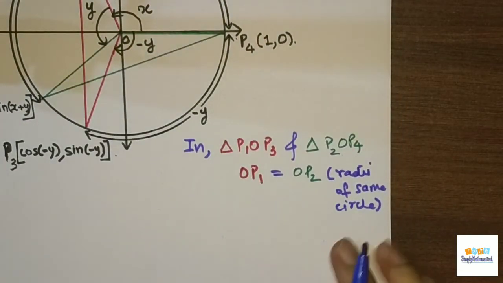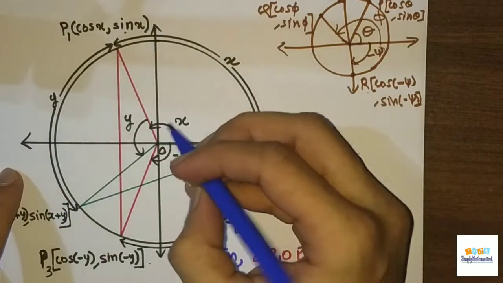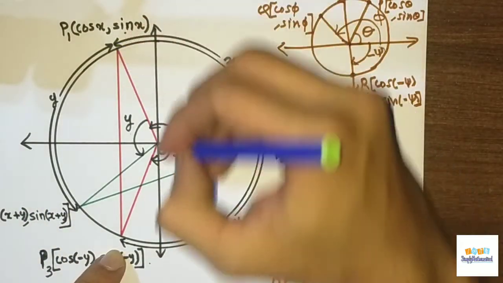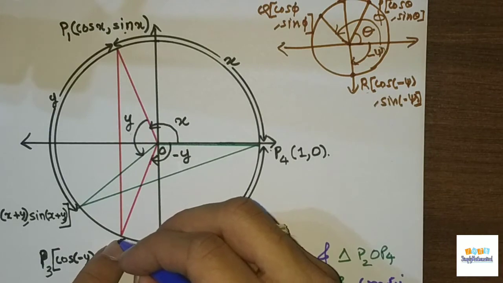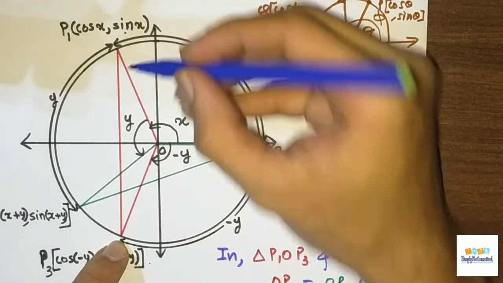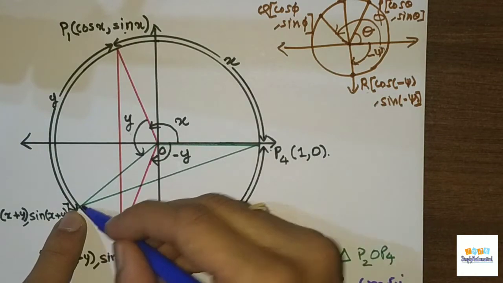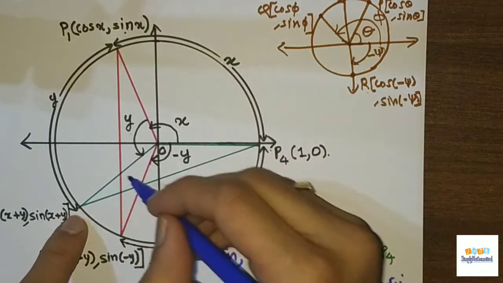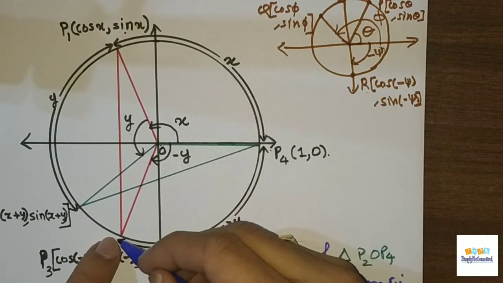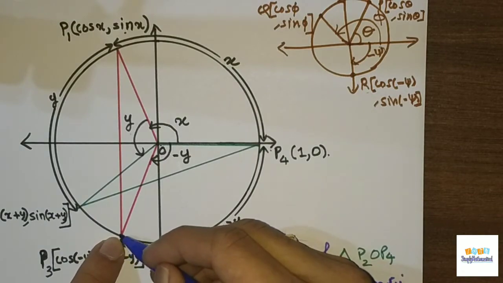Now if you observe this angle P1 O P3, this is made up of what? This is made up of P1 O P2 plus P2 O P3.